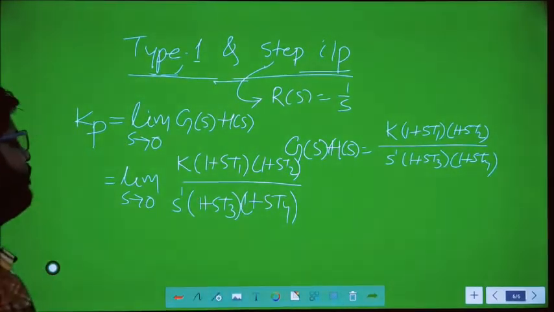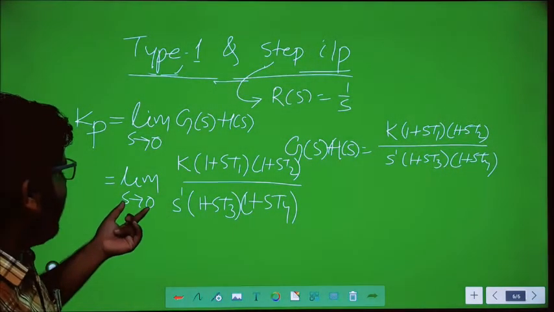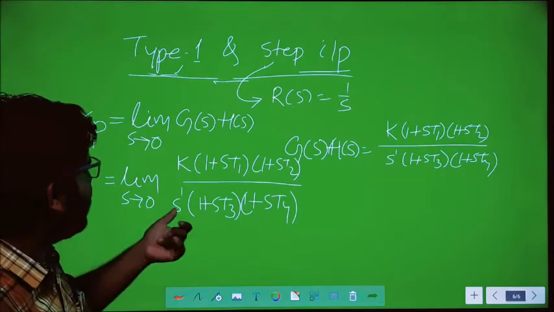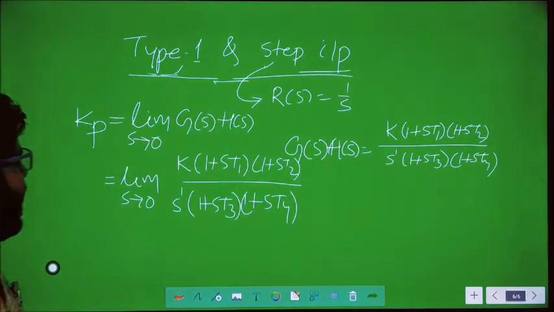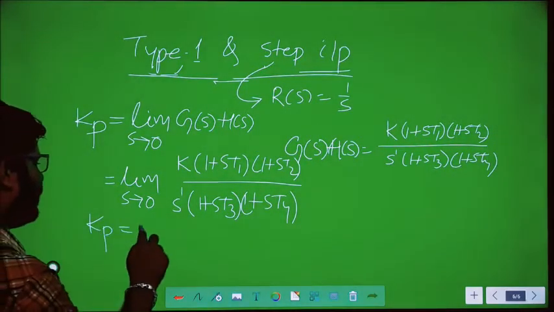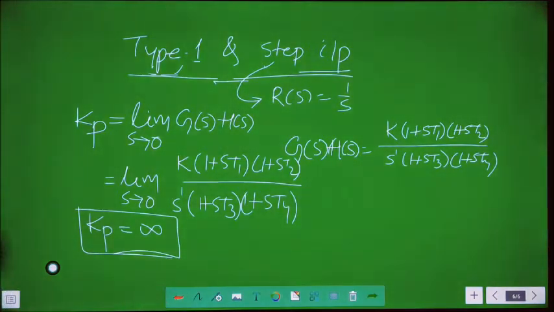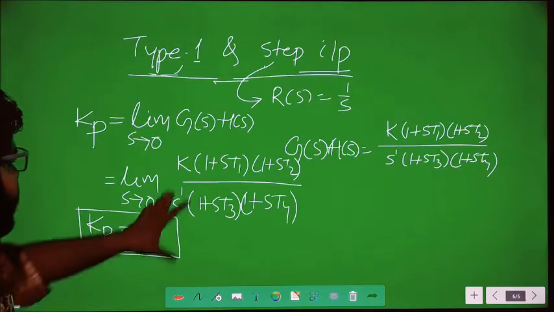Okay, this one we have found, and if I apply S value 0 in the denominator, I can find my Kp will go to infinite. Do not bother about L'Hospital rule, just for the sake of understanding.